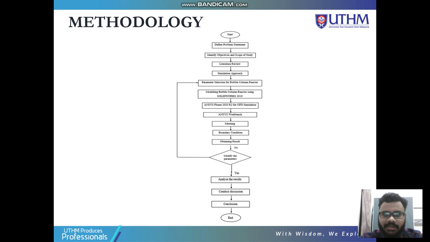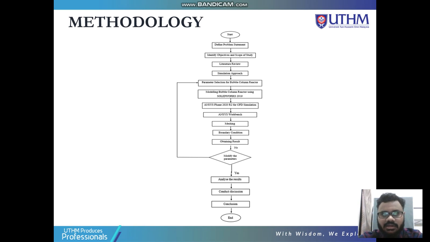Okay, first of all, parameters will be selected for designing the bubble column reactor, and then the bubble column reactor will be modeled using SolidWorks 2019. After that, the modeled bubble column reactor will be transferred to ANSYS Fluent 2020 R2 for further CFD simulation.